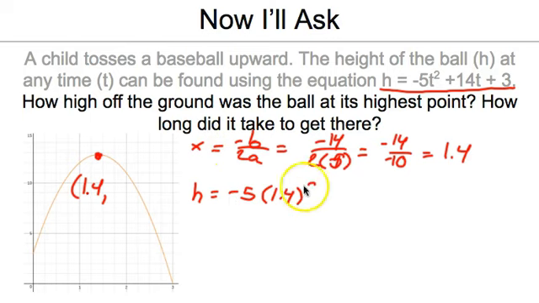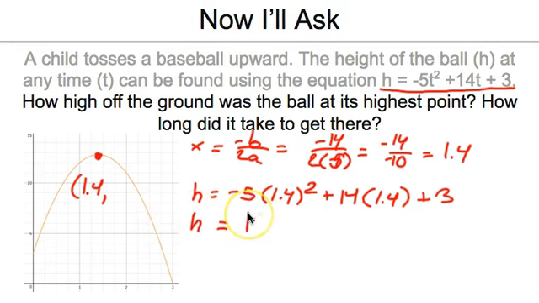I guess I really should have said t there, but hopefully you know what I mean. Plus 14 times 1.4 plus 3. And if ever there was a situation that called for a calculator, friends, this was it. And after crunching the numbers, I find that h is equal to 12.8. So that is the y-coordinate of my vertex.